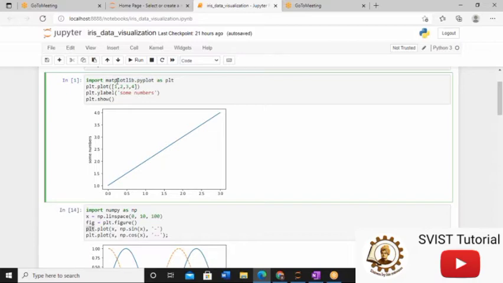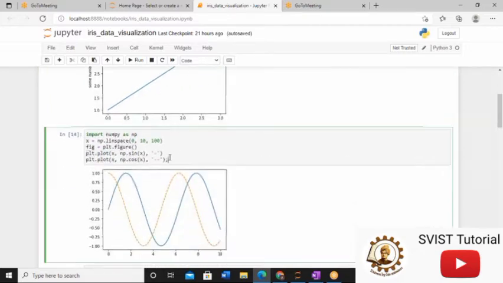Whenever you want to visualize a proper representation or plot, you have to use pyplot, or the alias of matplotlib.pyplot. In this case I haven't imported matplotlib pyplot here, but we are still using this plt alias.